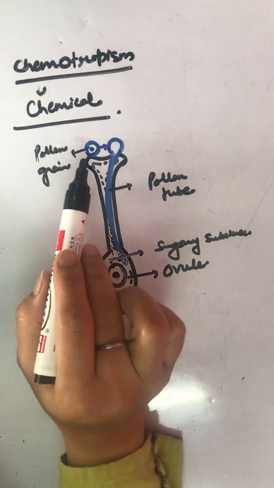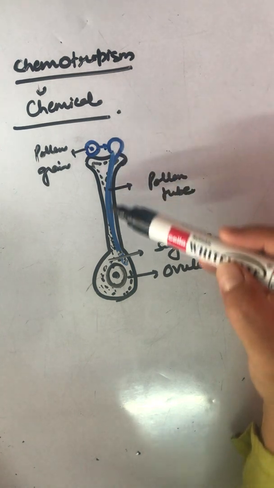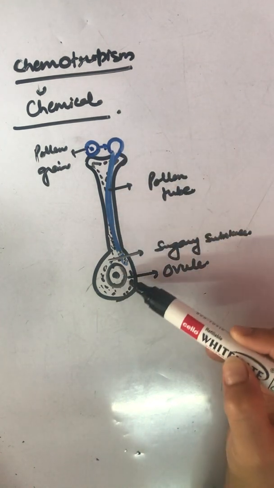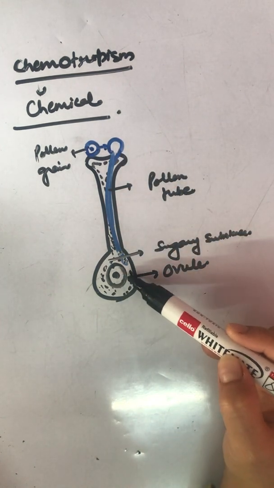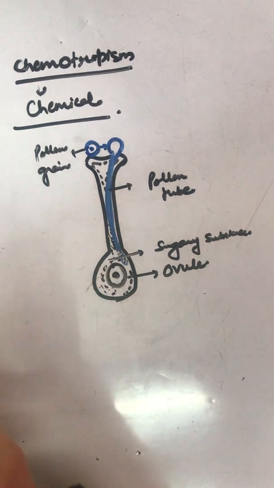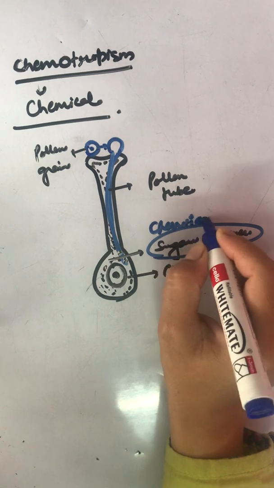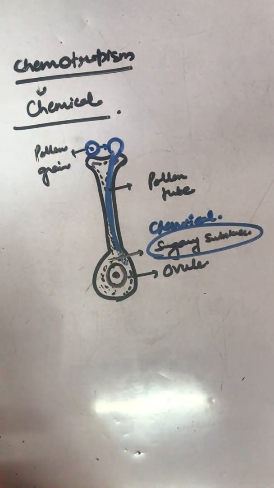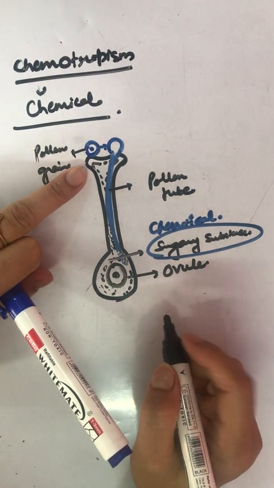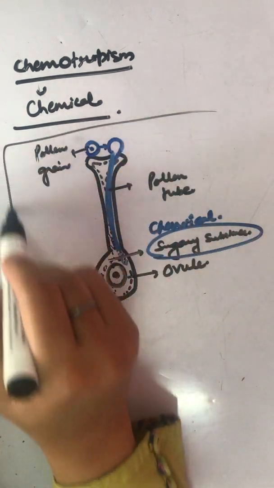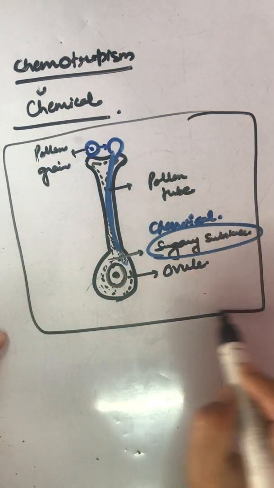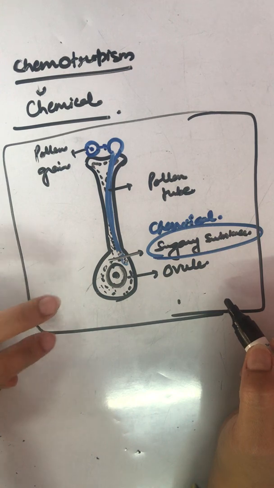Chemotropism is the response of the pollen grain to grow its pollen tube towards the sugary substance, the chemical stimulus, secreted by the stigma of the carpel of a flower. The response of a plant part towards a chemical is known as chemotropism.